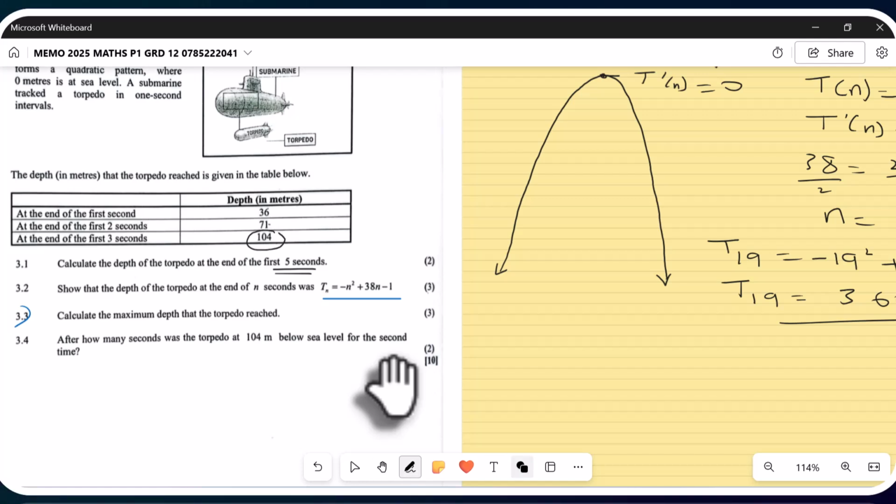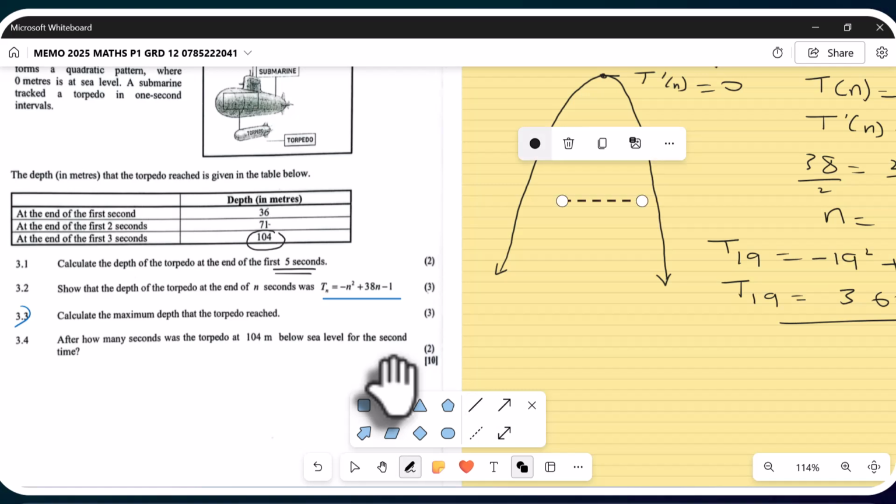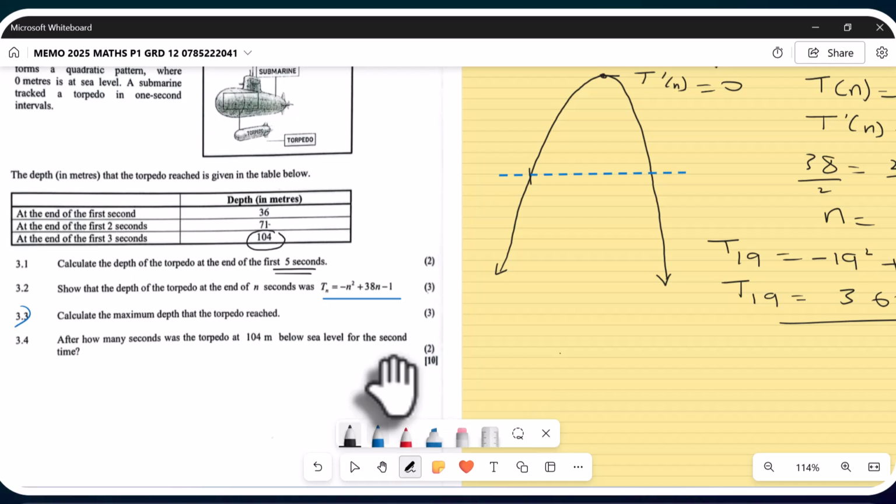Now the first time, remember this shows us the depth of the torpedo. Here, this was our t equals 3 seconds. Now they want another time when it is also going to be the same height of 104. So I'm looking for this t here. In other words, I'm looking for the n when my height is 104.